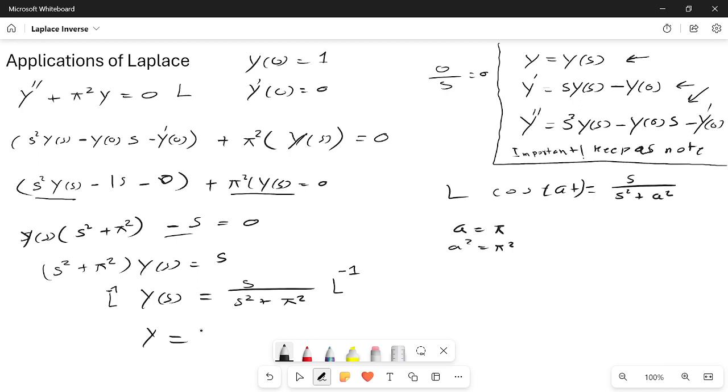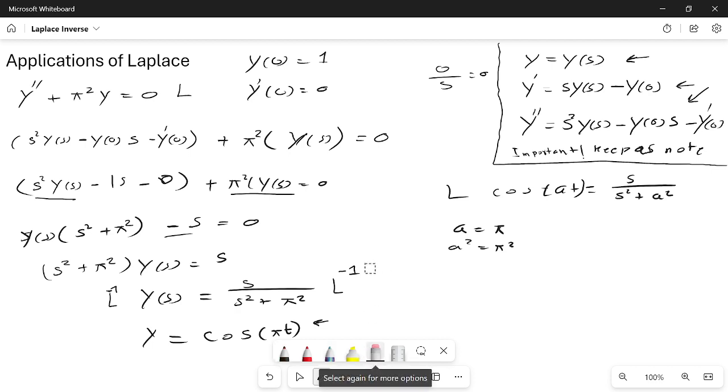Therefore, the solution for this differential equation is cosine pi t, and that's the final answer.